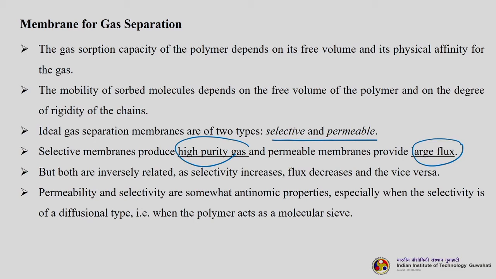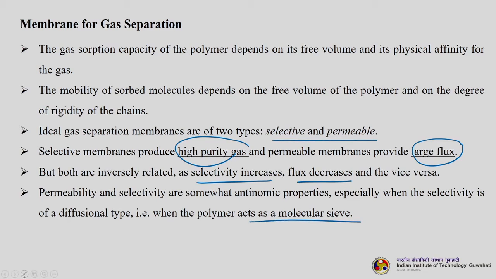So, you need to choose a membrane based on what you are looking for: extremely high permeability or a very high purity product. Depending on that you need to choose your membrane, either a selective membrane or a permeable membrane. Both are inversely related. As selectivity increases, flux decreases, and permeability and selectivity are somewhat antinomic properties, especially when the selectivity is of a diffusional type, when the polymer acts as a molecular sieve.